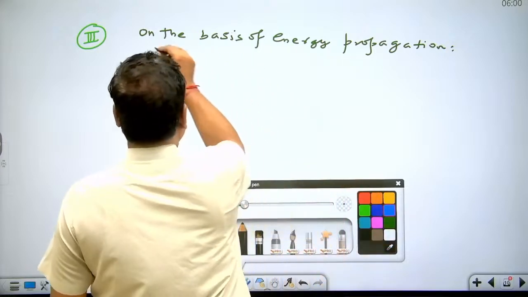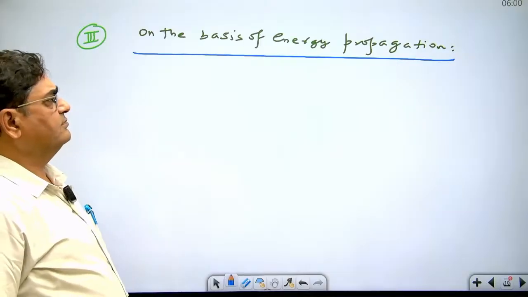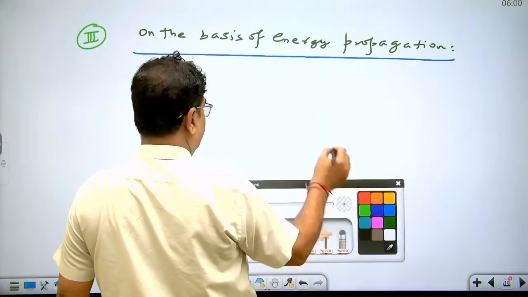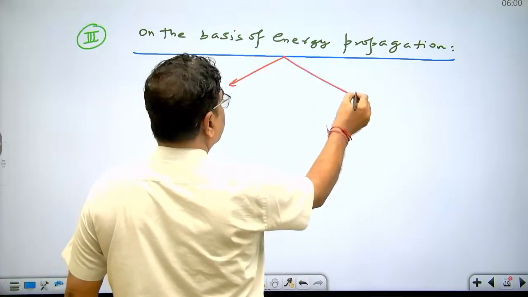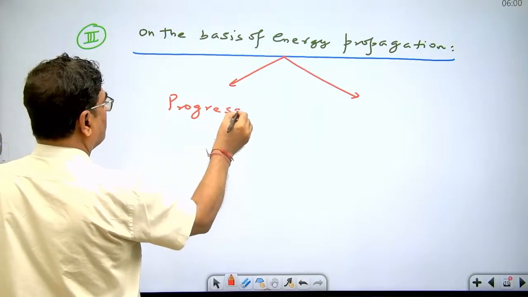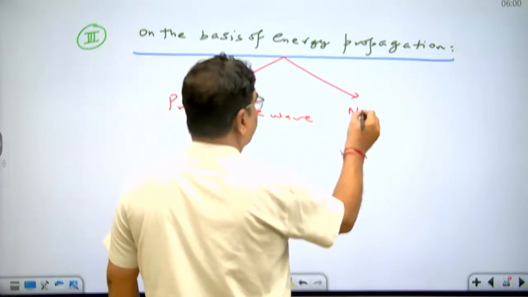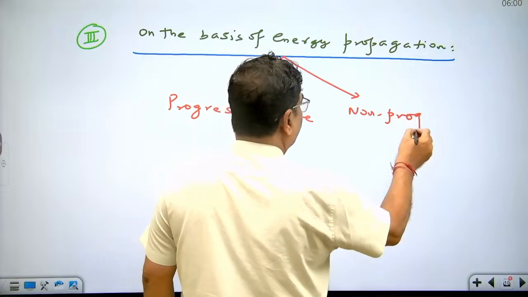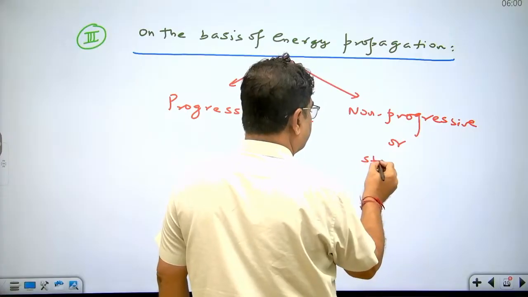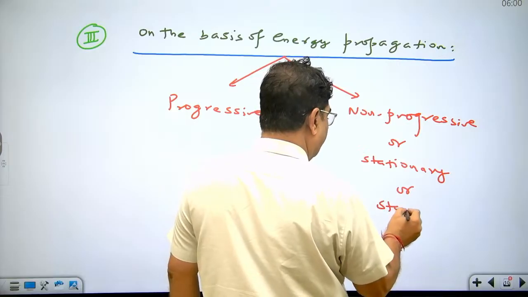On the basis of energy propagation, waves can be classified as progressive wave and non-progressive wave. Non-progressive or stationary or standing wave.